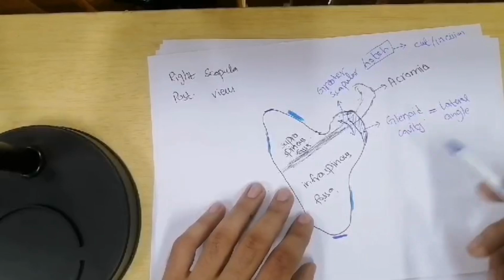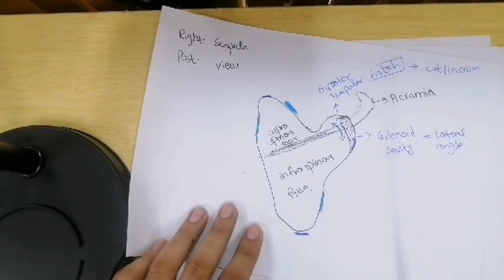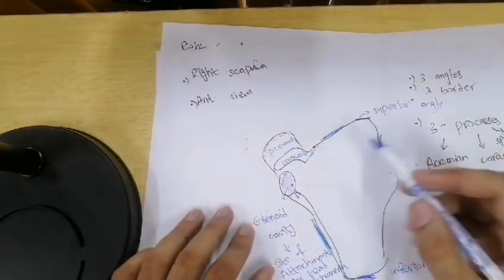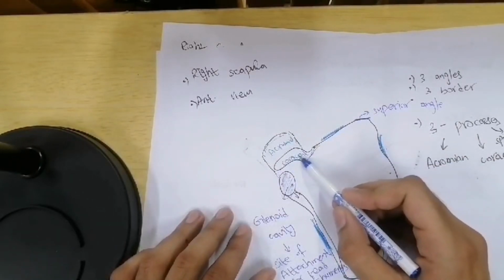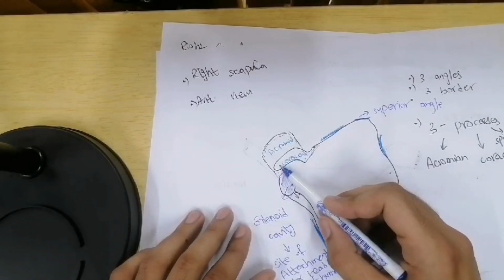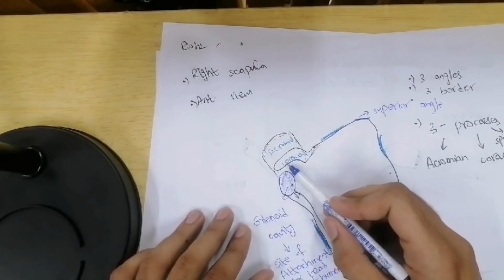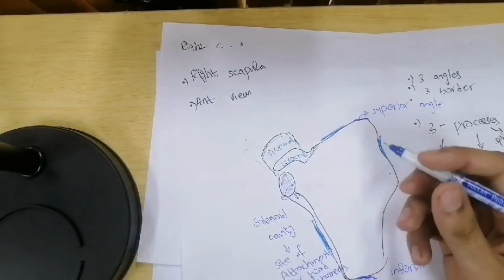Now, if we talk about the coracoid process, every time I make a mistake in its pronunciation, it is the coracoid process, and it also projects anterolaterally, just inferior to the clavicle. Now remember, there are two muscles.